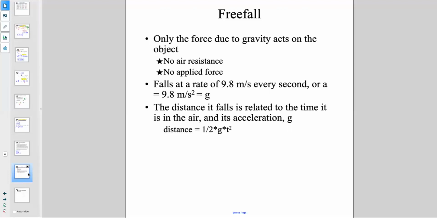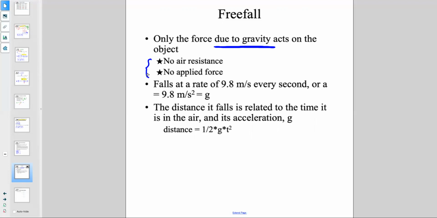It is freely falling only due to gravity, okay? Only due to gravity. So if you hold your pen up and you let it go, it'll fall down to your floor. This is not a free fall. A free fall should meet these two criteria.